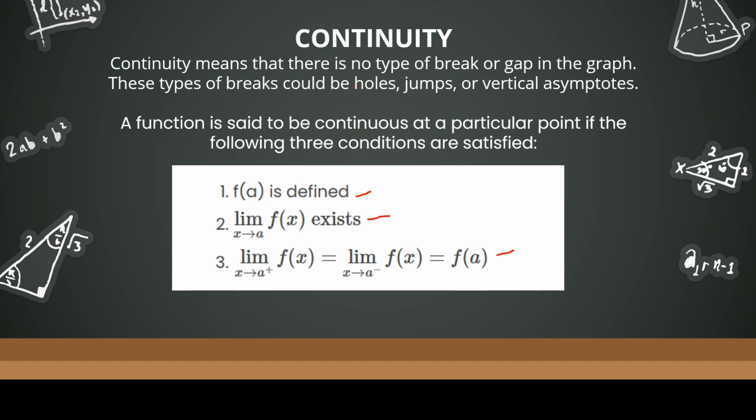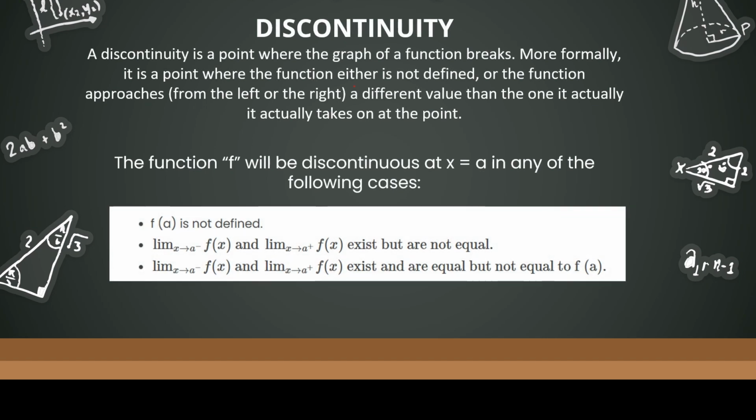So now let's look at the different types of discontinuities. When can we say that our graph or function is discontinuous? A discontinuity is a point where the graph or function breaks. From the word breaks, there is a hole, jump, or asymptote. More formally, it is a point where the function either is not defined or the function approaches a different value from the left or the right.